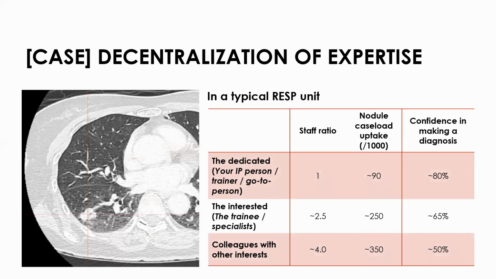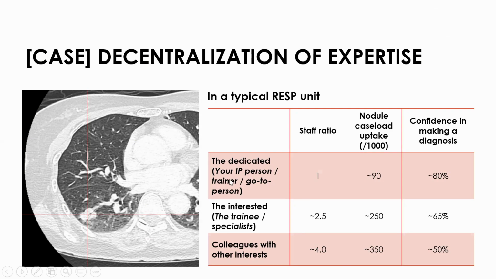In a typical respiratory unit, there is your dedicated person that you go to, versus those who are interested in other aspects of respiratory medicine. And a typical respiratory unit has this kind of staff ratio. And based on staff ratio, they take up different workloads in terms of needing to go in and do the grunt work of diagnosing these nodules.